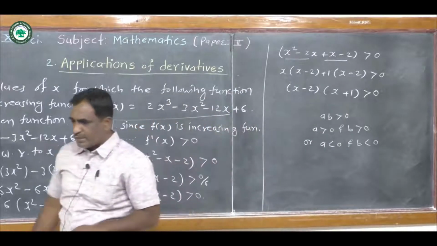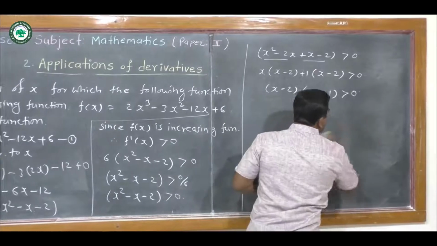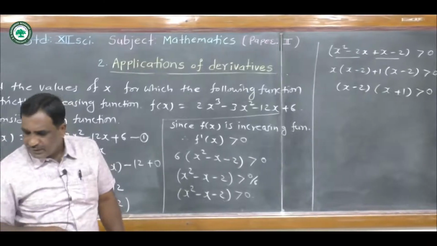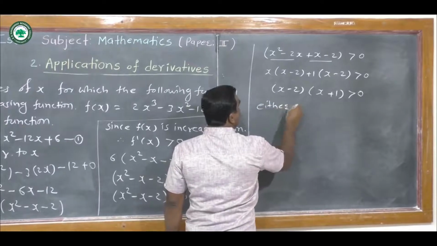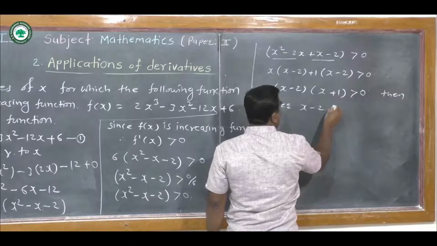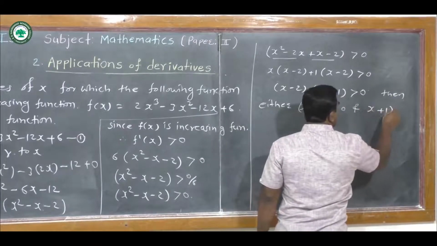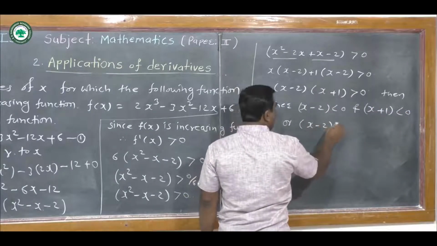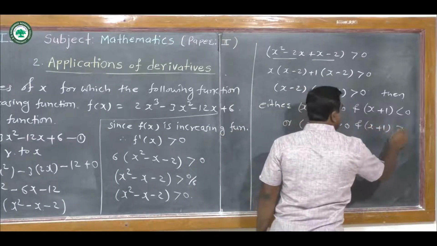By using these two conditions, we can find the value of x. Then either x minus 2 less than 0 and x plus 1 less than 0, or x minus 2 greater than 0 and x plus 1 also greater than 0.